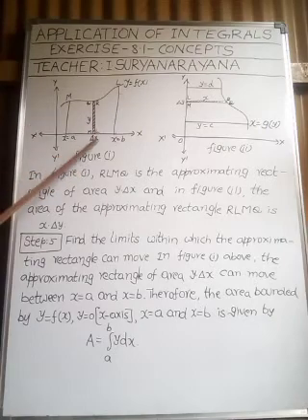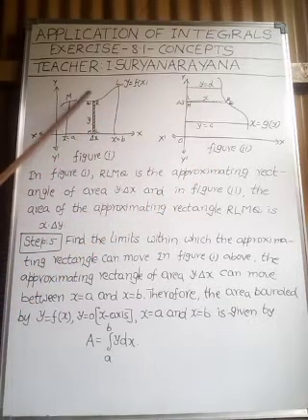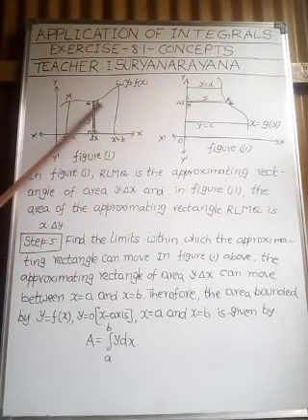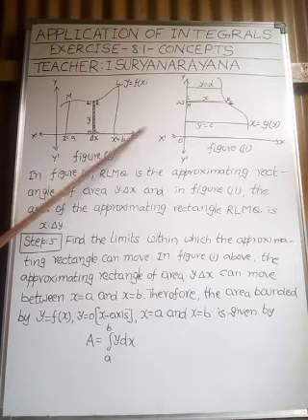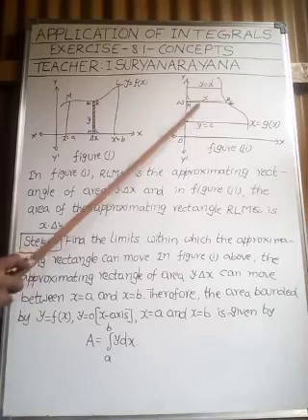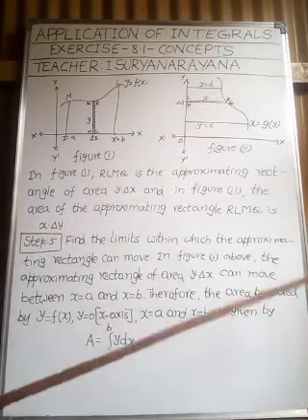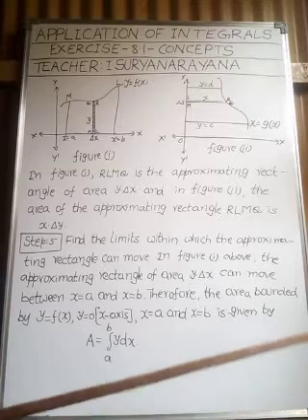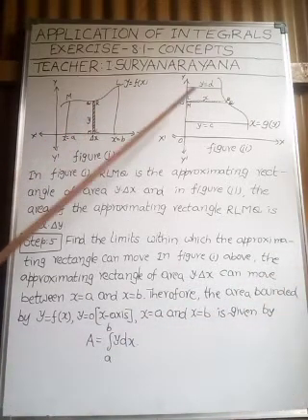Now observe these two figures, my children. Figure 1, this is figure 2. In this figure, the approximating rectangle is RQLM. This is the approximating rectangle, a very thin slice, a thin vertical strip in the shape of a rectangle.